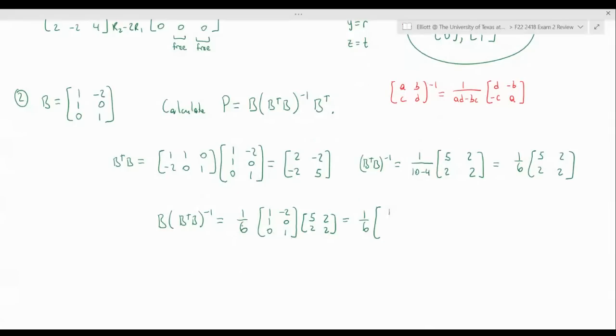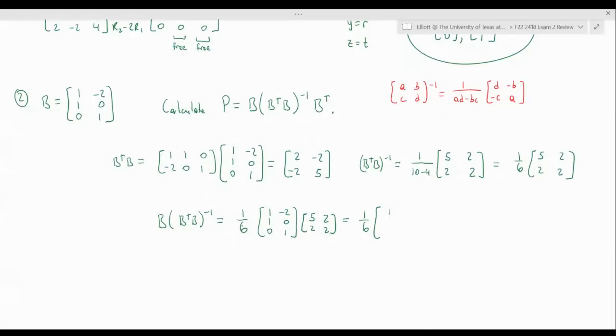So then I need to take this matrix and we need it to multiply by B transpose on the right now. So B transposed is 1, 1, 0, -2, 0, 1. So I'll finish the calculation here.